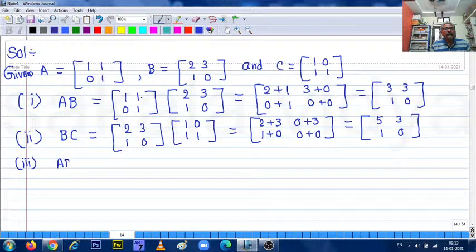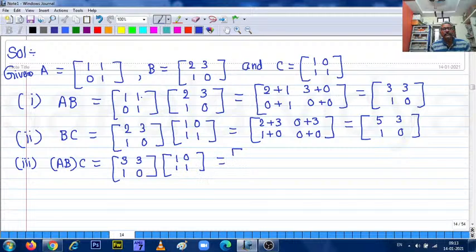AB into C. What is the AB matrix now? AB matrix is equal to 3 3 1 0, multiplied with C. C is 1 0 1 1.